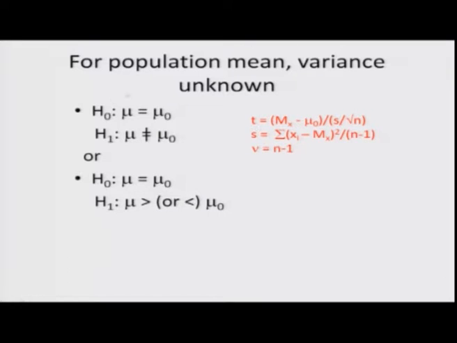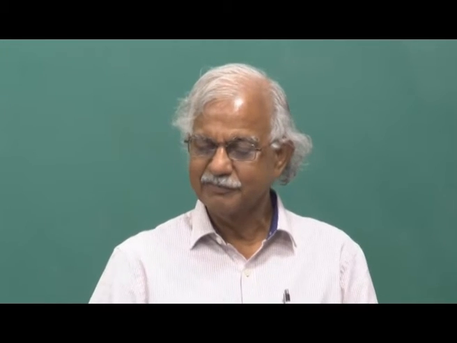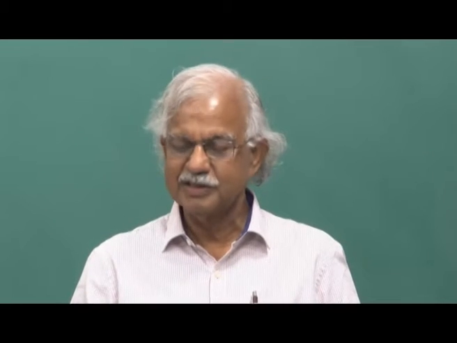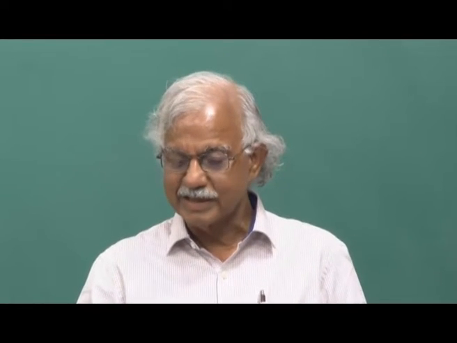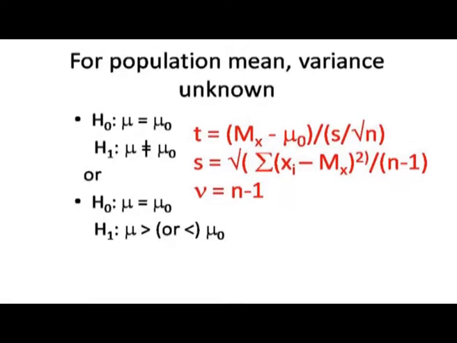For testing the null hypothesis mu equal to mu 0, t is defined this way: mean of x, the mean of the sample, minus mu 0, your null hypothesis, divided by s by root n. I said that when the variance is calculated from the sample itself, then you use the t-test. If the variance was known, meaning you knew the standard deviation sigma, then you could use the z-test.